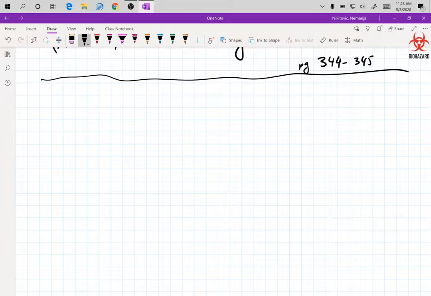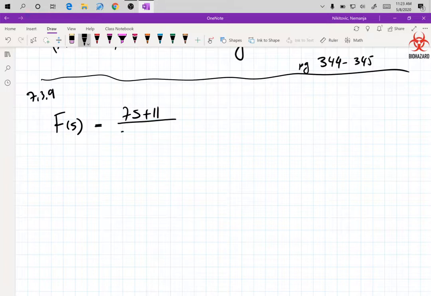But so F of s, this is 7.39, is 7s plus 11 divided by s squared minus 10s plus 74. Yeah, apply the translation theorem to find.